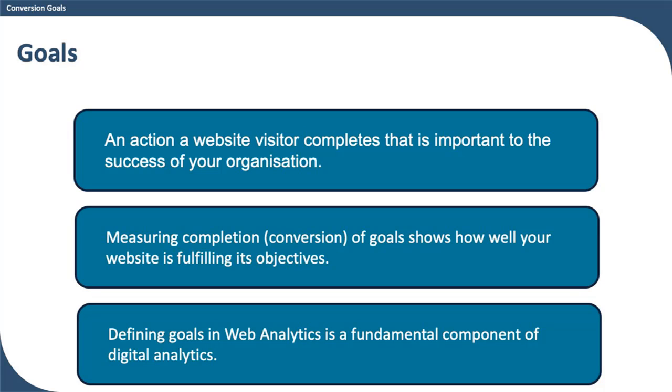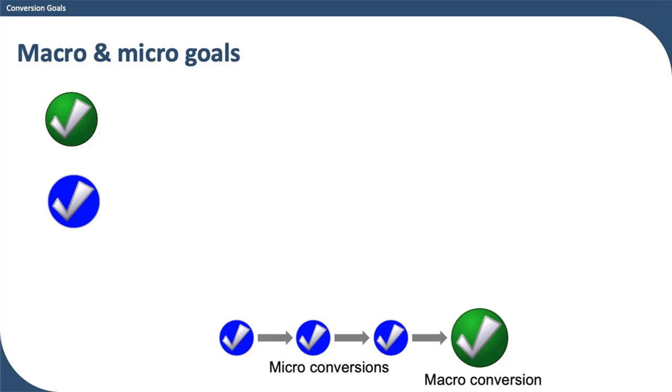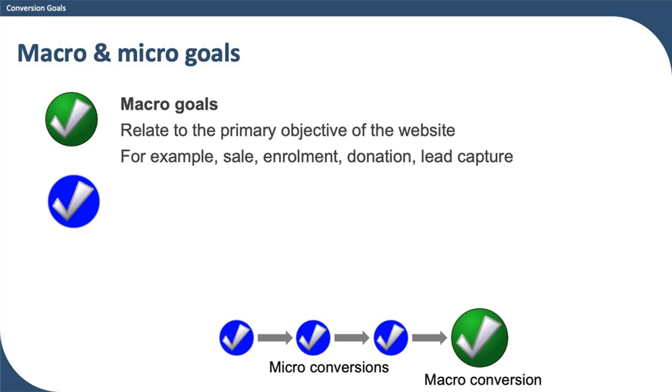Just as a reminder, in Web Analytics, a goal is an action a website visitor completes that is important to the success of your organization. And Google calls a conversion goal relating to the primary purpose of your site a macro goal. And it calls those smaller relationship building activities micro goals.